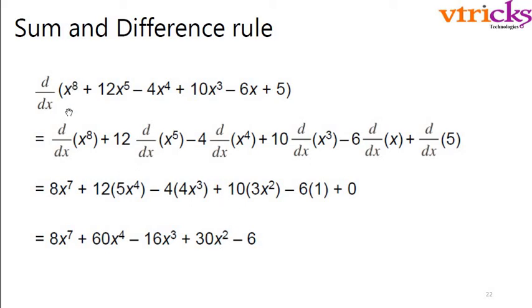So this will split up as d by dx of x to the power 8 plus 12 times, this constant you can always bring out as a scalar, d by dx of x to the power 5 minus 4 d by dx of x to the power 4 plus 10 d by dx of x cube minus 6 d by dx of x and finally d by dx of 5. So now each of these derivatives of x^8, x^5 you will evaluate using the derivative of a power function and then you will simplify. So you can complete this and see.